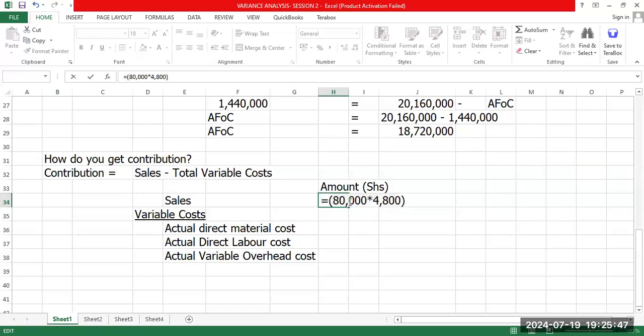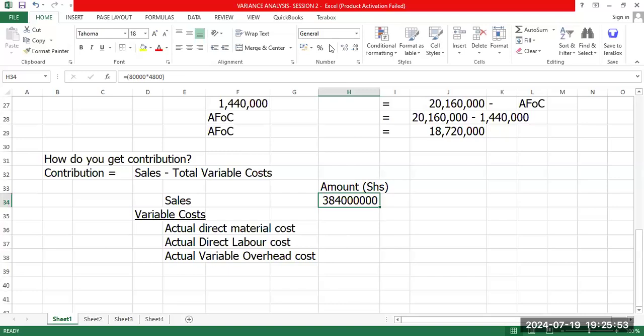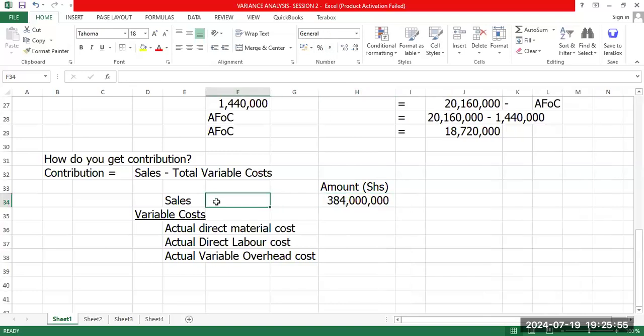So that's what I have. I don't know whether that is the figure you have on your calculator. We are getting 80,000. Then we multiply by 4,800.